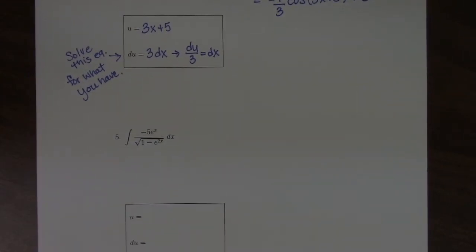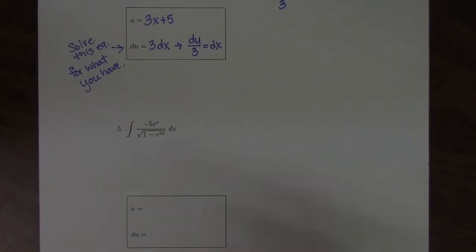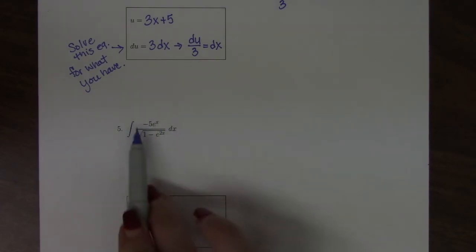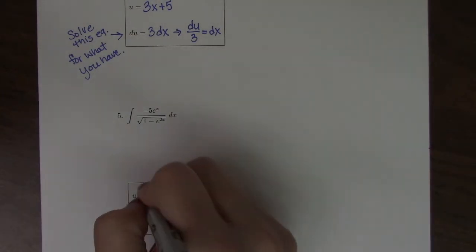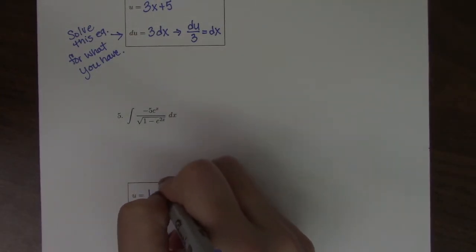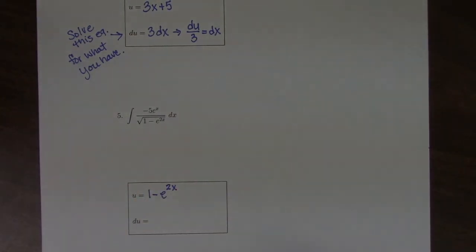All right, let's look at another one. So here, the more complicated side of this is all this stuff under the radical. So I'm going to start by letting that be my u. So 1 minus e to the 2x.